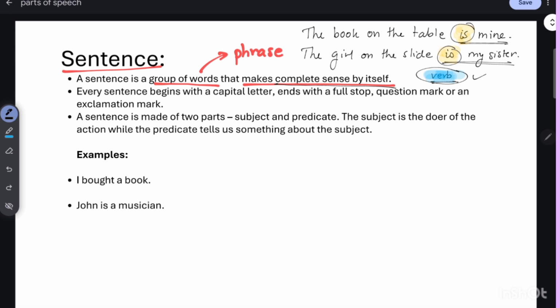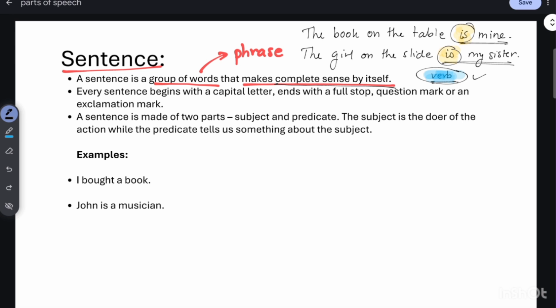Now this is a common mistake that you can see in people for whom English is not their first language, which is the case with most of you watching this video here. So make sure that you are using the verbs in the right context. Now what is a verb?